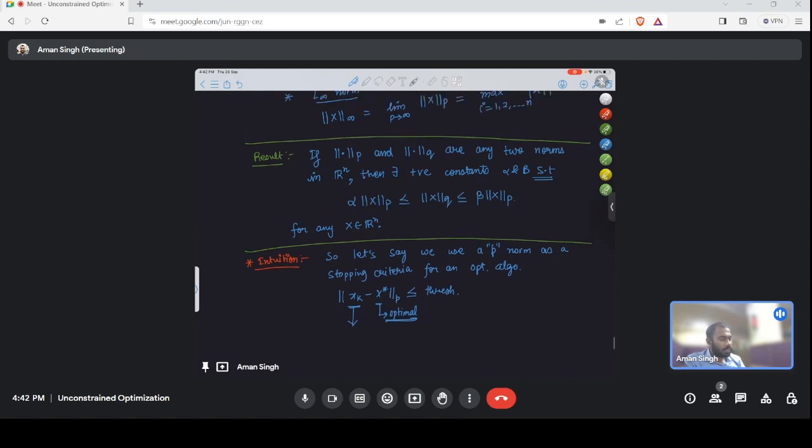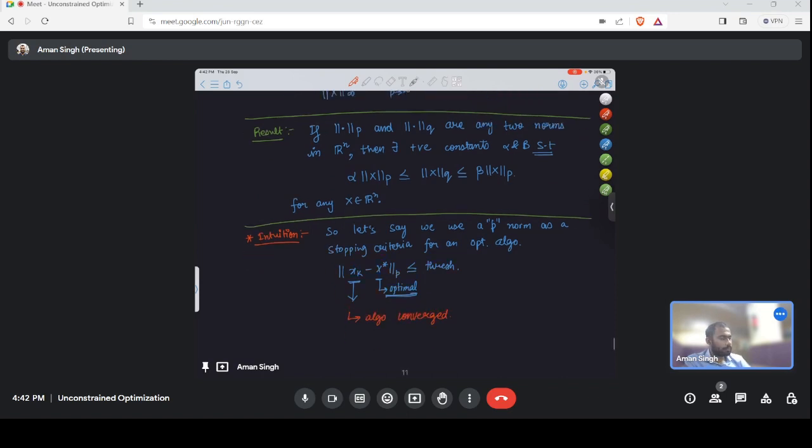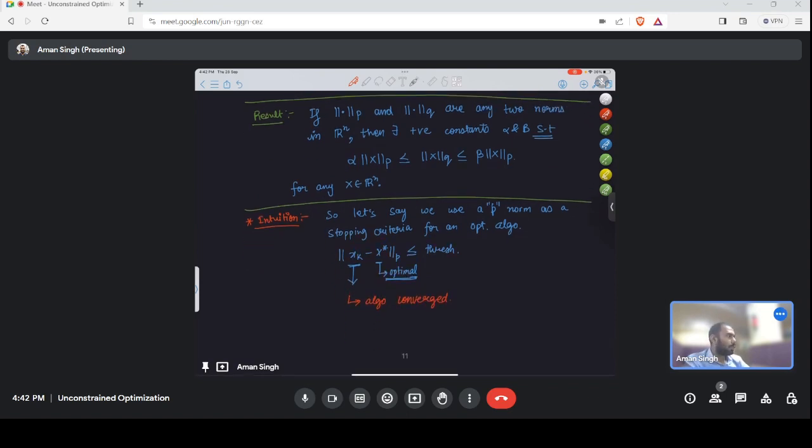So it turns out that, given the result we saw earlier, suppose we use this stopping criterion with the p norm and our algorithm converged.